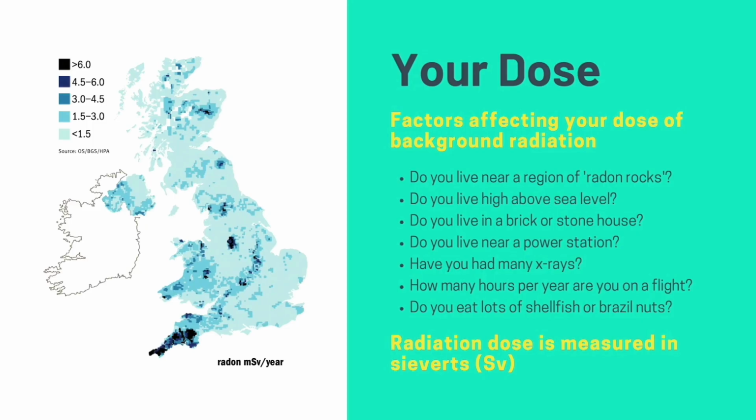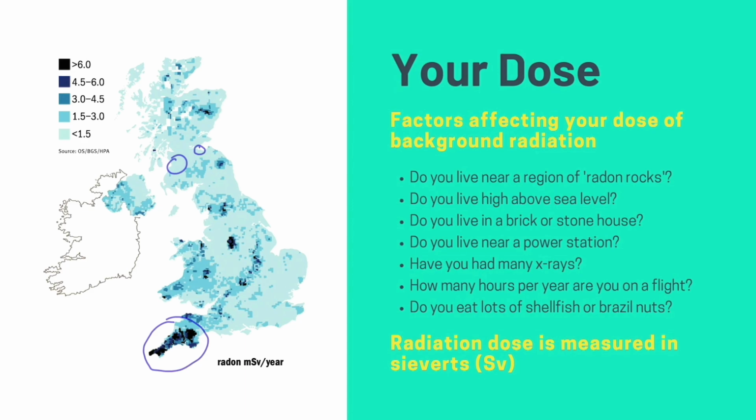If you look at this map here underneath me, you can see that Cornwall has quite a high count rate of radiation. So the rocks in Cornwall seem to be highly radioactive. If you live in Cornwall, your background radiation will be higher than, for example, if you live in Glasgow up here. Now, I live here in Edinburgh, so I think I'm okay.